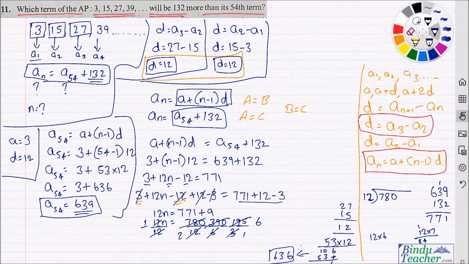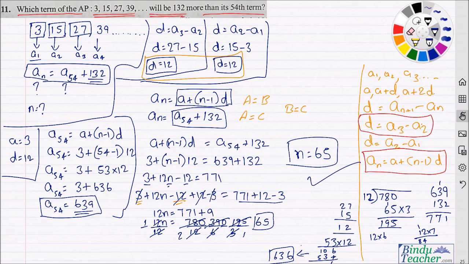Yes, that's correct. 3 into 6 equal to 18, and 1 carryover. We have 3 into 5 equal to 15. So I just want to confirm that. So I'll write 65 into 3. 3 into 5 equal to 15 plus 3 into 6 equal to 18. 18 plus 1 equal to 19. We get 195. So the answer for n, which is what is the nth term, or what is the value of n, is 65. Right?